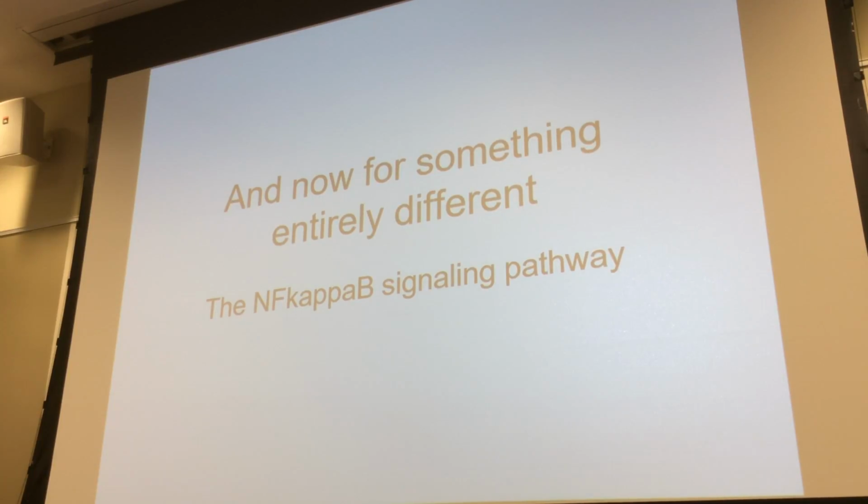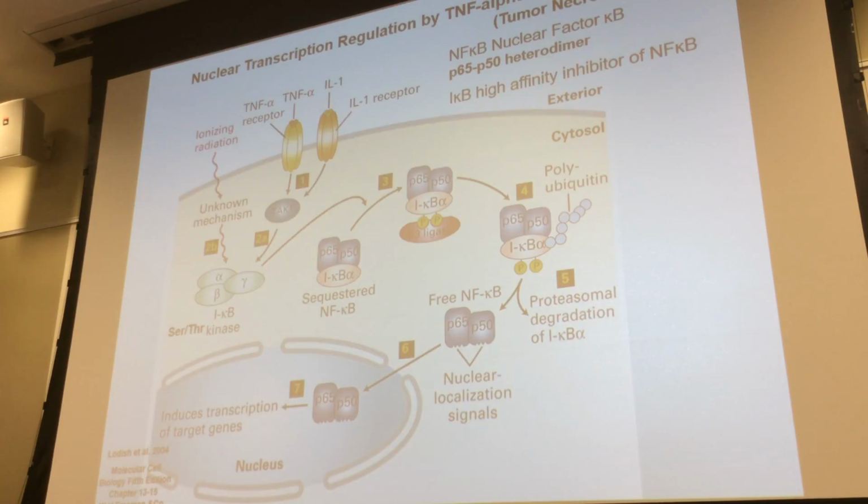Now I'd like to go into the NF-kappa B signaling pathway, which is actually regulated by the breakdown of a suppressor or an inhibitor. And so when I say this is entirely different, it's not going to involve the kinds of mechanisms that we just talked about, but it is going to get to the point where the signal is based on a phosphorylation.